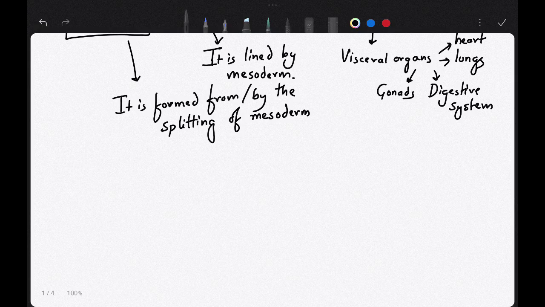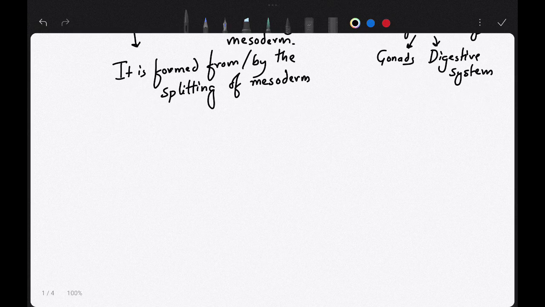So let's learn about the different types of coelom and the features of the animals having them. The first type is acoelomates.